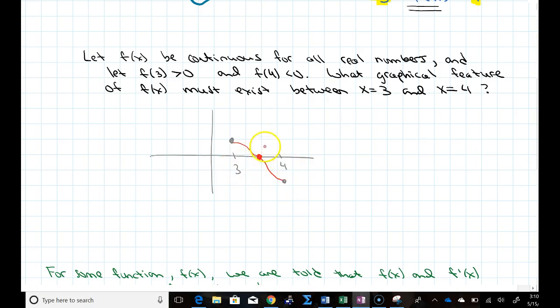So between 3 and 4, f of x must have a root, according to the IVT.